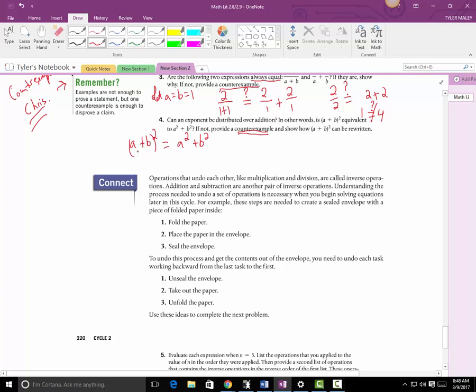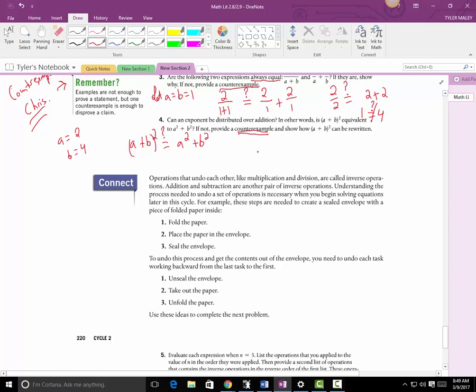So we need to pick values for a and b, and we want to find where these aren't true. Again, I'm going to put a question mark here just to show that we're testing their equality. So in this case, let's let a equal 2 and b equal 4.